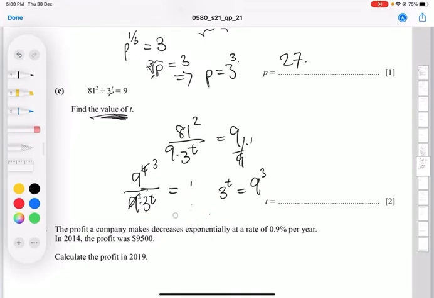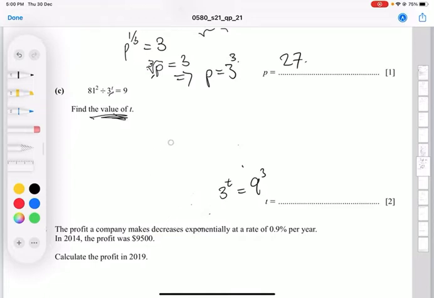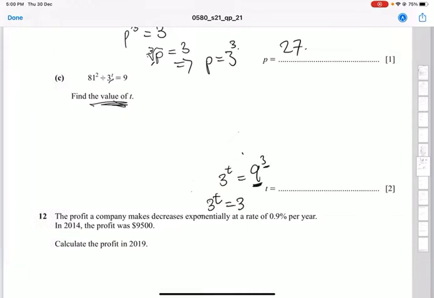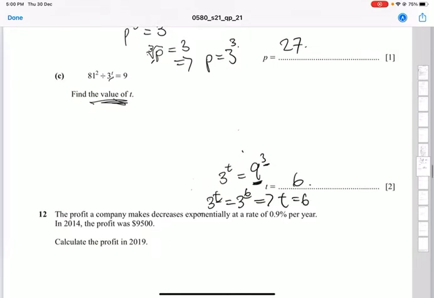And then 3 to the t equals to 9 cubed. Now you know that 9 is 3 squared, so 3 to the t equals to 3 squared, all cubed, so that's 2 times 3, that's 6. So you finally get, it implies that t equals to 6. Okay, so that's your answer there.